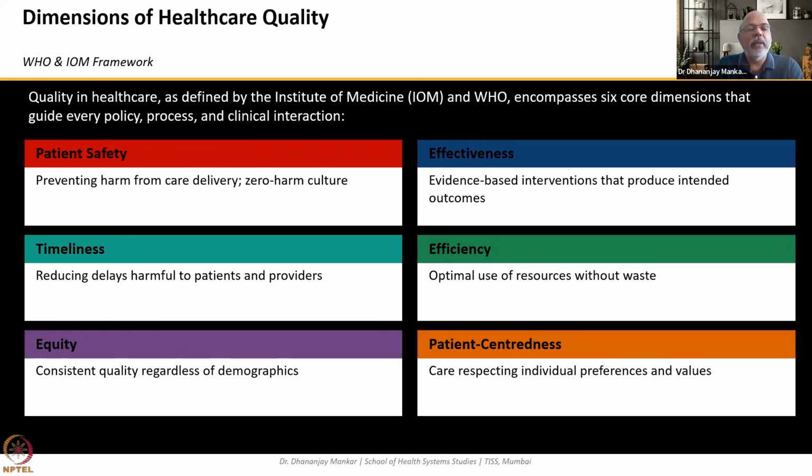Another quality dimension is timeliness, which is reducing harmful delays that affect the patient as well as providers, and which create a major issue of morbidity, and sometimes extended delays can lead to mortality.